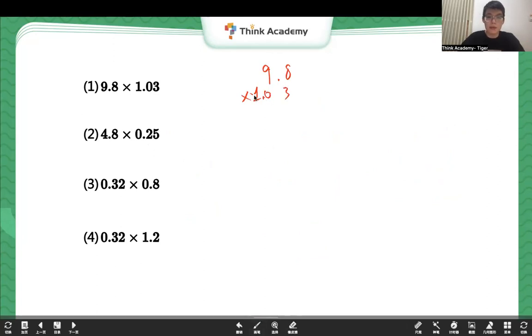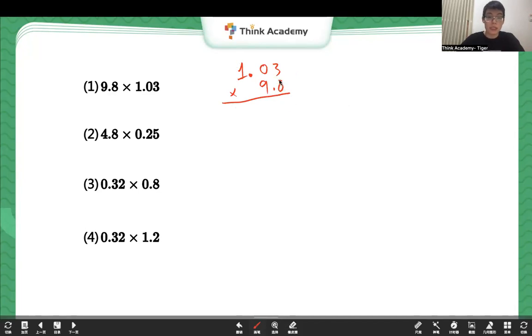It doesn't really matter which one you put first. Personally, I would like to put the longer number on top. So this time we don't need to align the decimal point anymore. We just calculate it just like 103 multiplying 98, okay?